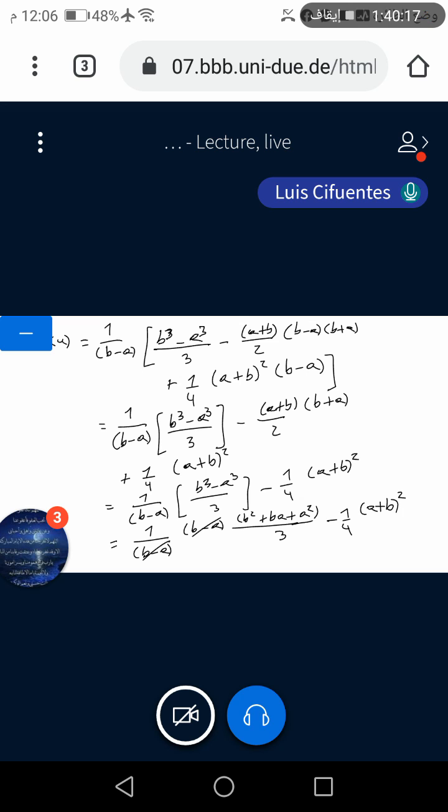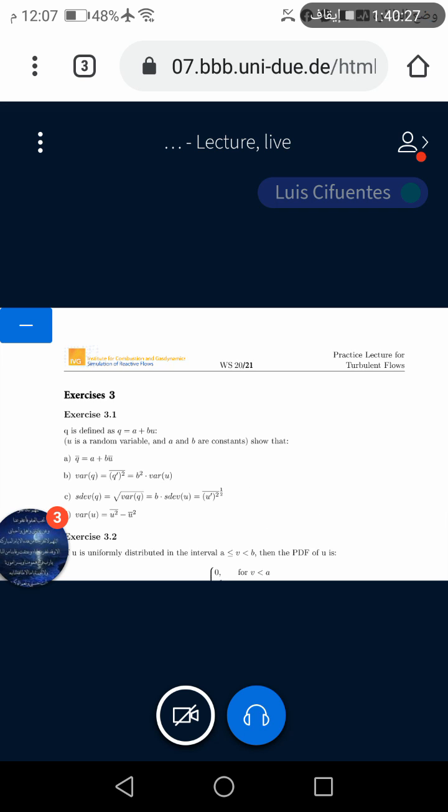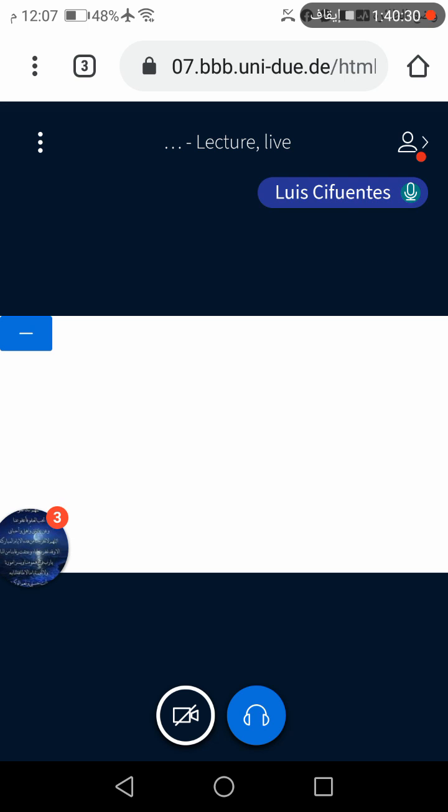And just solving the integral. Okay. Last one, what we have is the variance, squared, minus 4.